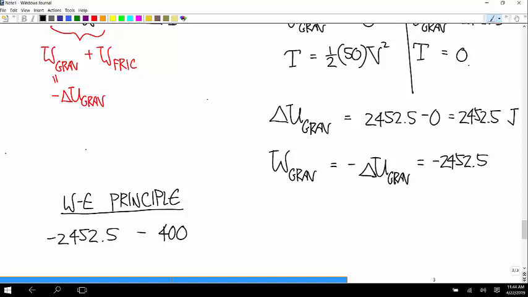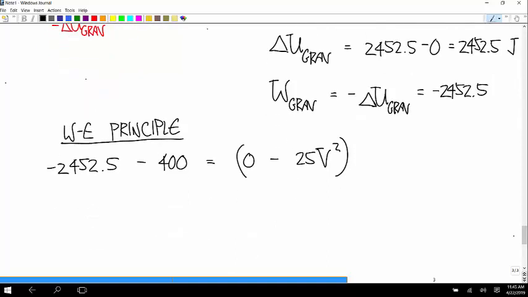And that's equal to the change in kinetic energy, which is 0, the final kinetic energy, minus 25v squared. And so 2852.5 is equal to 25v squared.